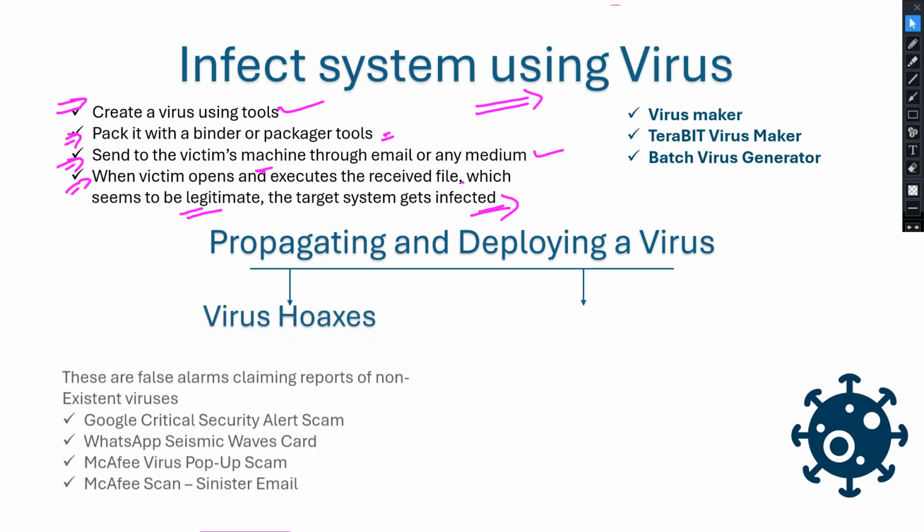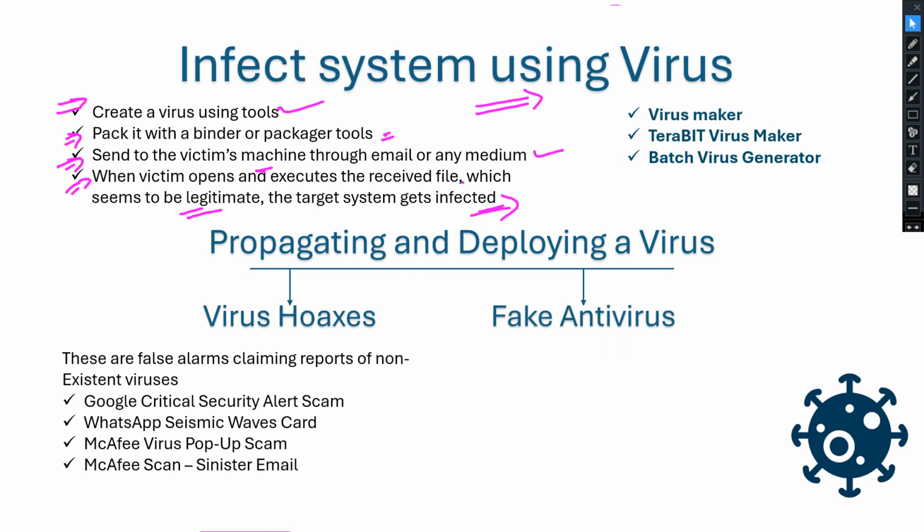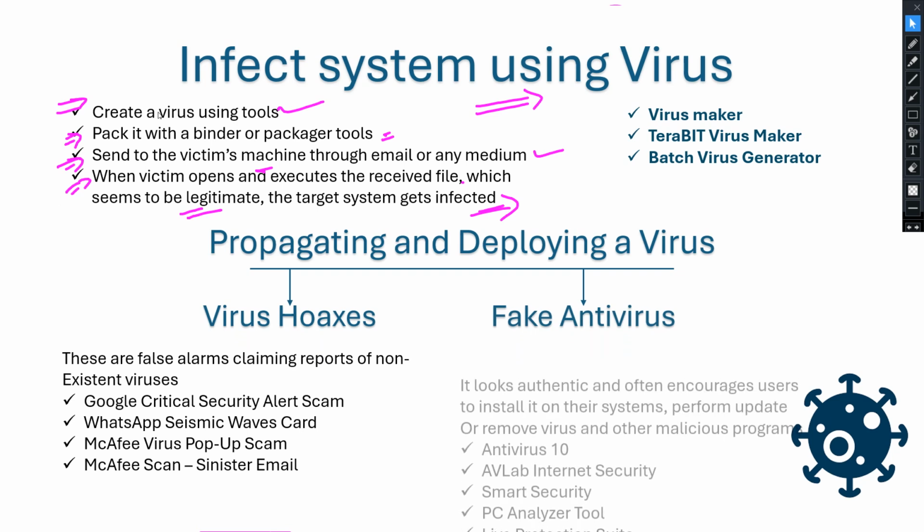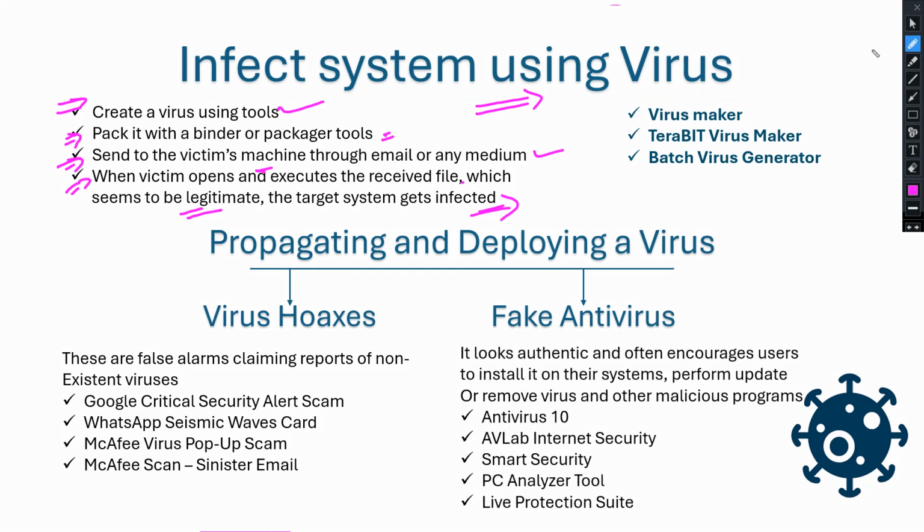We have two types here: virus hoaxes and fake antiviruses. Propagating and deploying virus hoaxes: these are a kind of false alarm claiming reports on non-existent viruses, like the Google Critical Security Alert Scam, WhatsApp Seismic Waves Card, McAfee virus, McAfee scan, and sinister email.